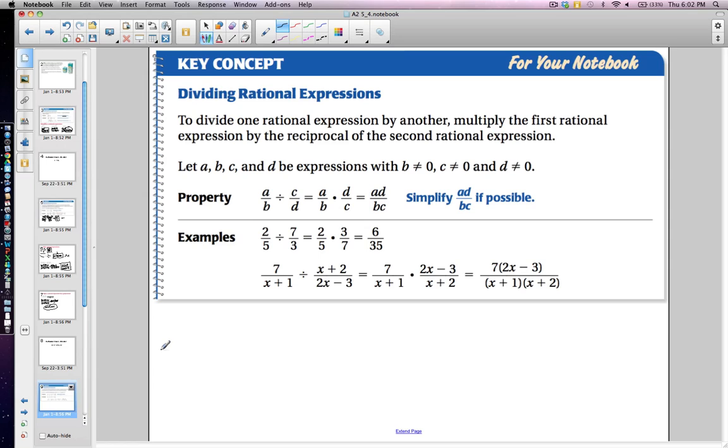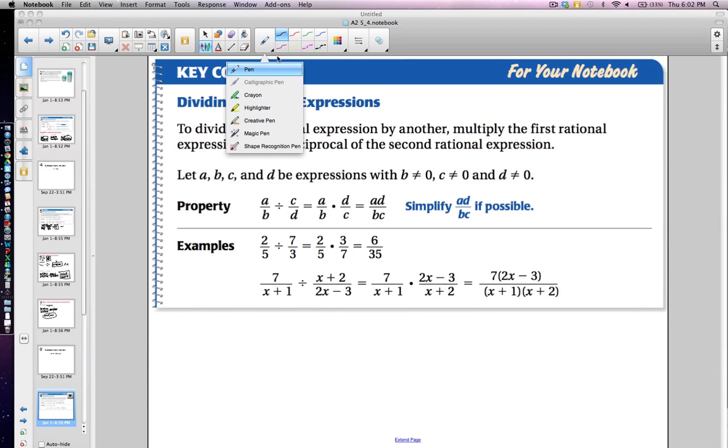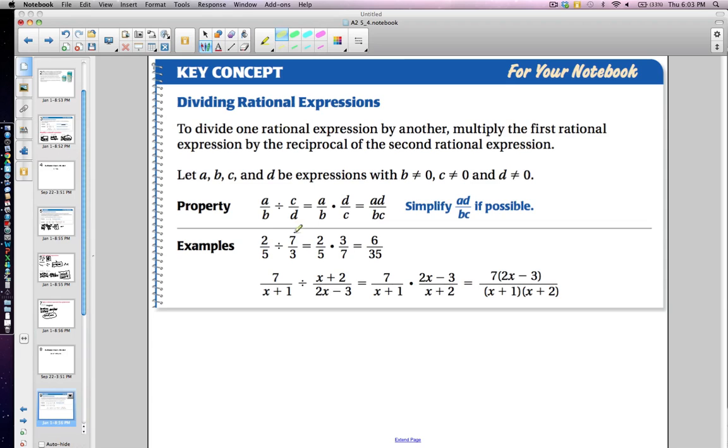So now we're going to talk about dividing. And remember, it's the same stuff. It's the same skill. The difference is when you take a look at dividing, this item stays the same, and then what I'm dividing by is going to become inverted. So when I flip c divided by d over and invert it, it becomes d divided by c.